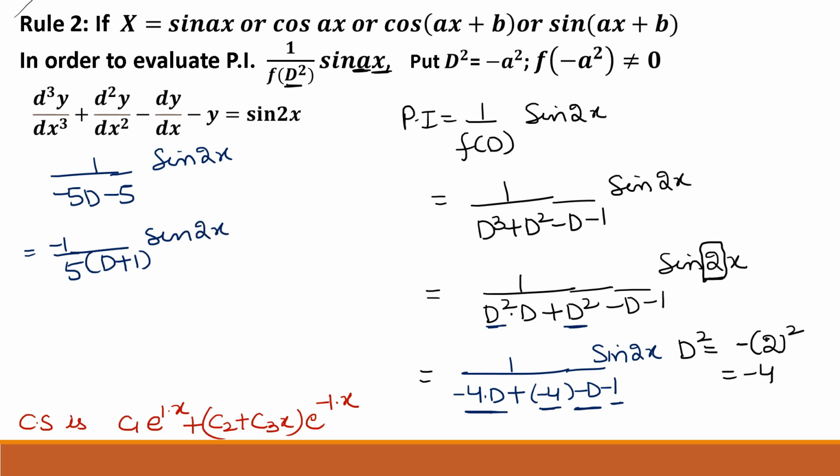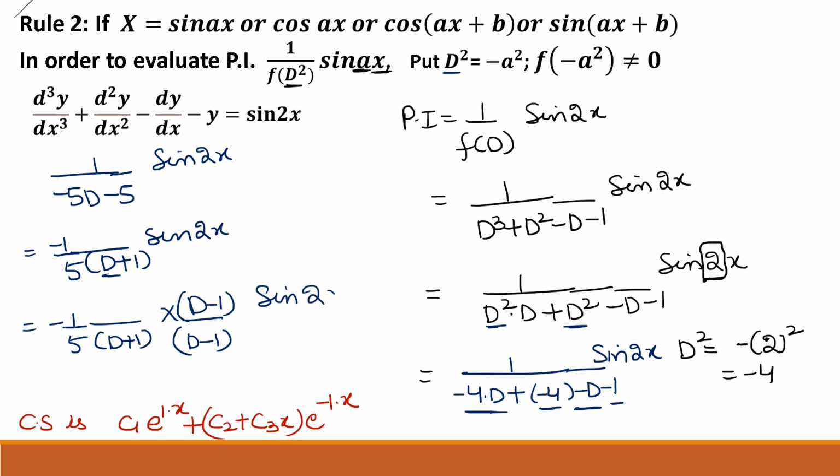Now because our rule is applicable over D square, we can put D square equal to minus a square. So what to do with this D? In order to have D square here, we will multiply and divide with D minus 1, so that we can use the formula a square minus b square and get the squaring of D in the denominator.